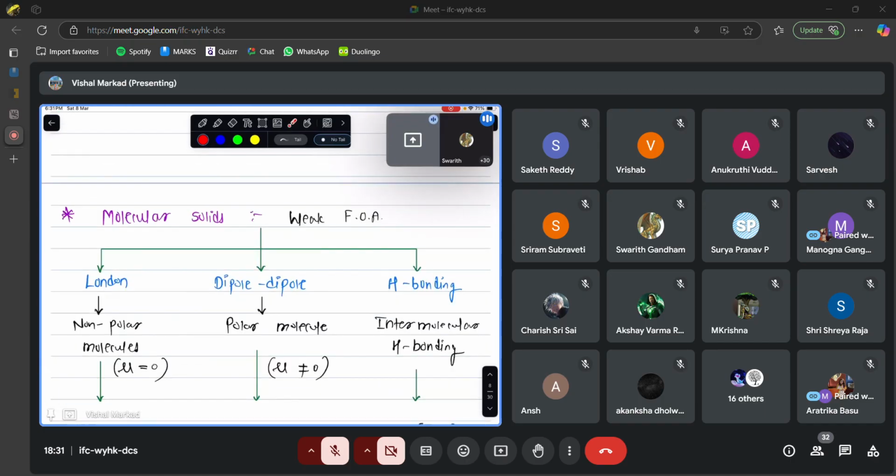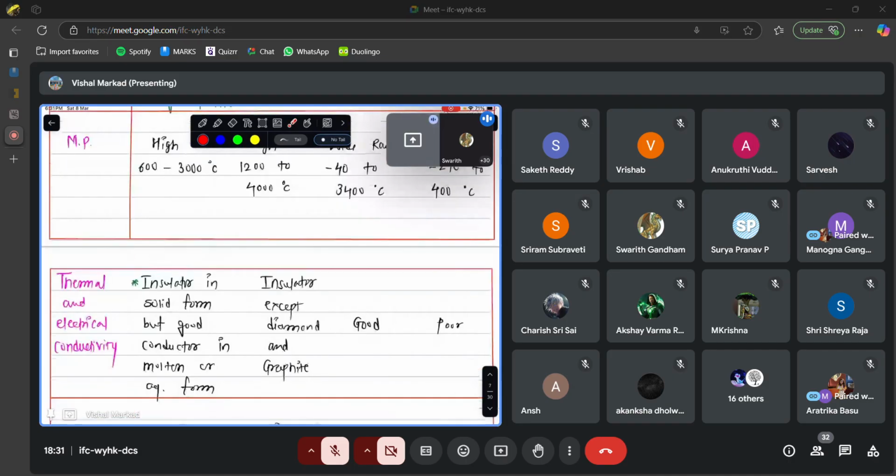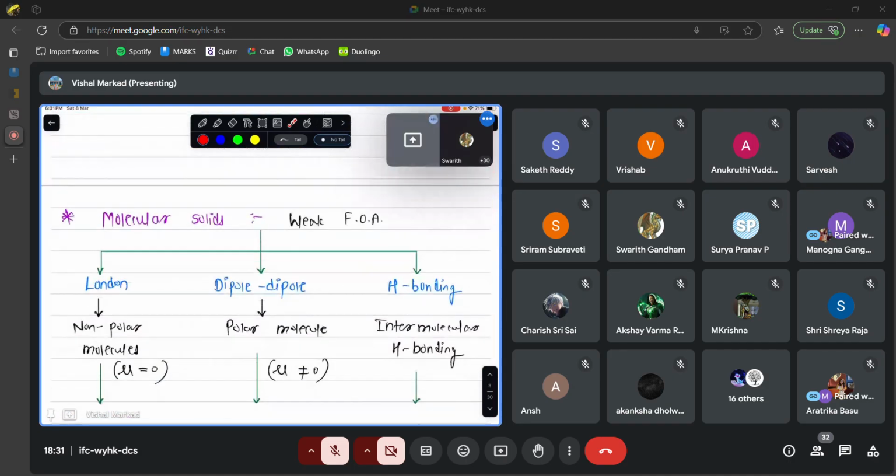Now here this molecular solid, the last column, they are further classified. They have weak force of attraction between the atoms, right? Between molecules, sorry. Now here I said three types of forces are present between them. Either London forces will be there, dipole-dipole interaction will be there, or hydrogen bonding will be there. London forces are possible when those are non-polar molecules.